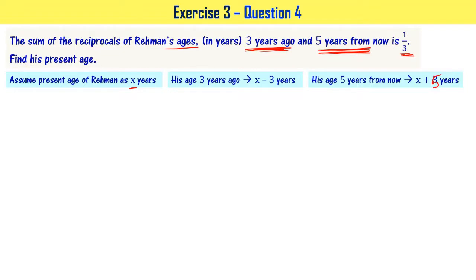Now what we have to do is take reciprocals of these ages and sum them. Reciprocal of this one is going to be 1 by x minus 3 and this one is going to be 1 by x plus 5. When you sum them, that is equal to 1 by 3. That is the problem statement, right?